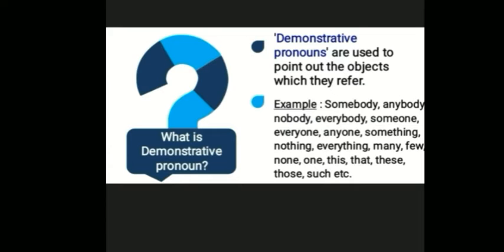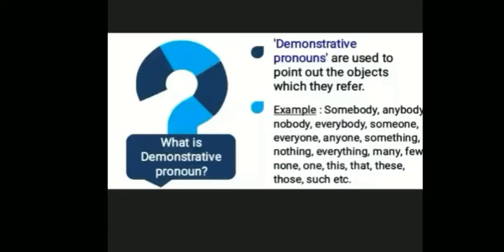For example, somebody, anybody, nobody, everybody, someone, everyone, anyone, something, nothing, everything, many, few, none, one, this, that, these, those, such, etc. When used alone before the verb, they are called demonstrative pronoun. But if the above pronouns are used before the noun, then they will be called demonstrative adjectives.